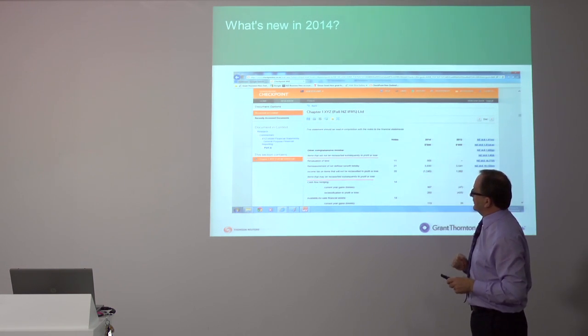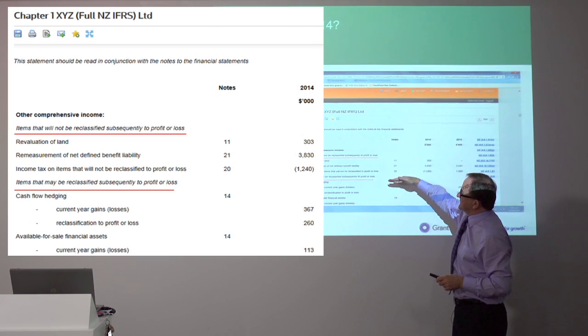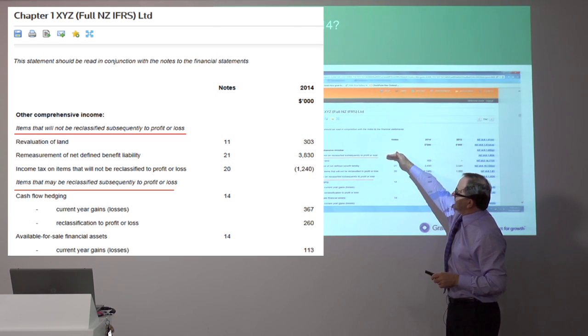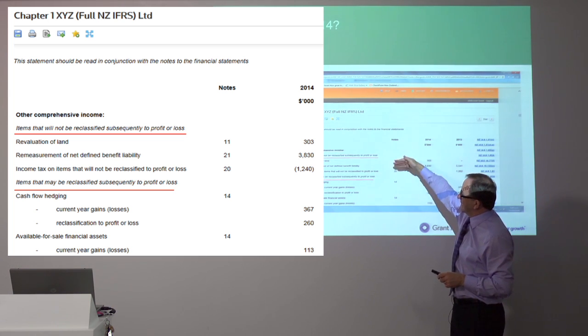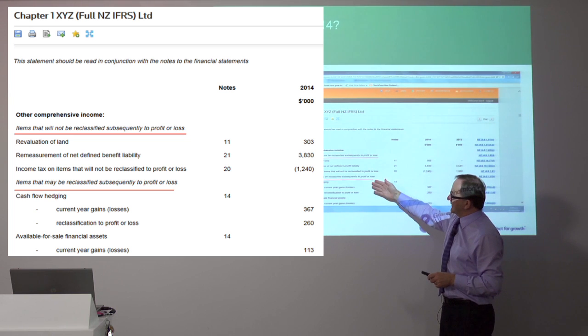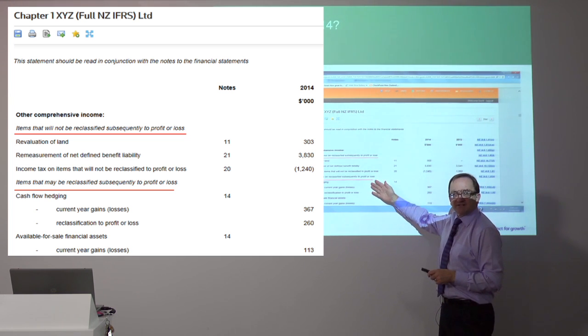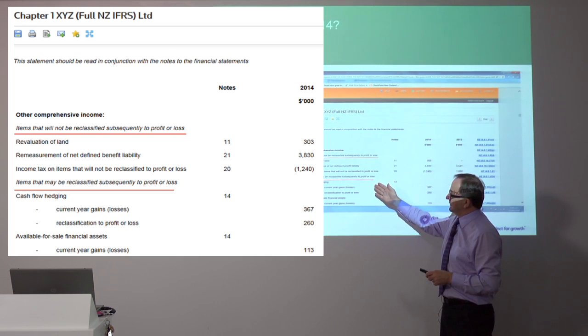In other comprehensive income, as you can see here, what you have to do is actually break it up into two headings. Those items that will not be reclassified through profit and loss, and here we're talking about revaluation of land or remeasurement of defined benefit liabilities, as opposed to other items in other comprehensive income, which when they mature or are sold, there will be a recycling of that balance back through the income statement and profit and loss.